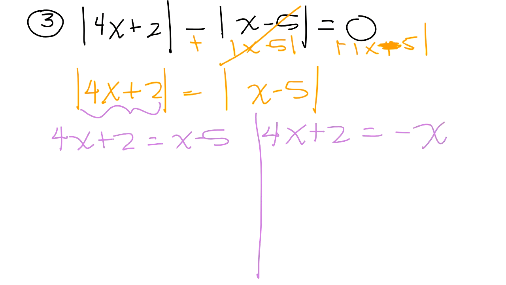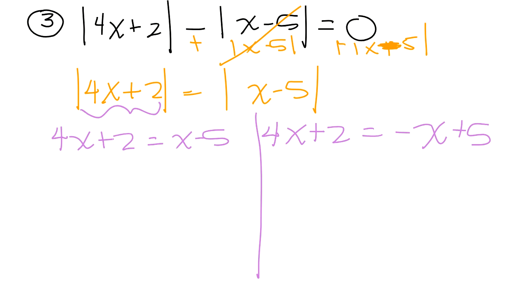And instead of negative 5, we're going to have positive 5. So same, opposites on the other side. Now that it is split into our two different equations, we can solve using the same linear equation methods that we used at the beginning with the basic equations.